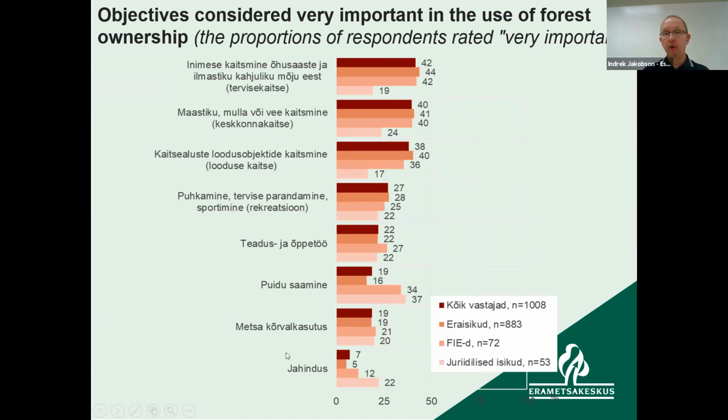And only less than 20% of forest owners take it as very important to get wood from the forest. So here you see a quite big contradiction. The main income source is to get wood, to sell it or use it oneself. But getting wood is rated as very important by less than 50%. So it again shows that activities in the forest and important objectives for the forest owner are very different.